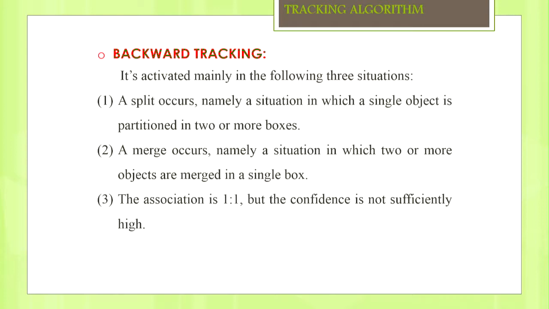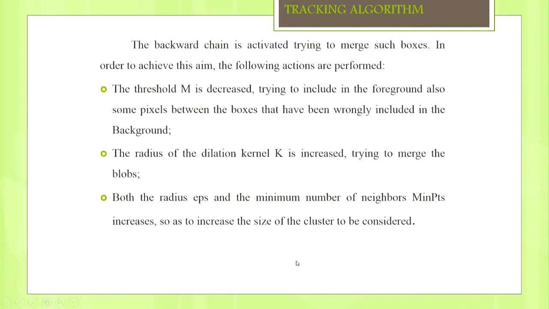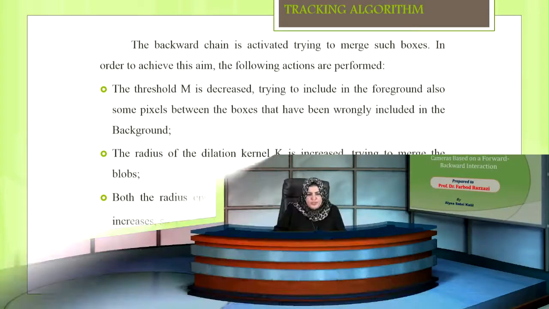Two, a merge occurs, namely a situation in which two or more objects are merged in a single box. Three, the association is one-to-one, but the confidence is not sufficiently high.